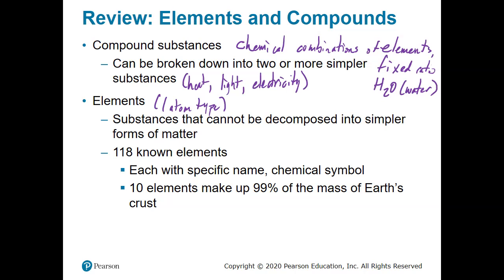When it comes to atoms, there are 118 different types of atoms that we call the periodic table of elements. That periodic table of elements is arranged in a number of different ways that we're going to talk about later on today.